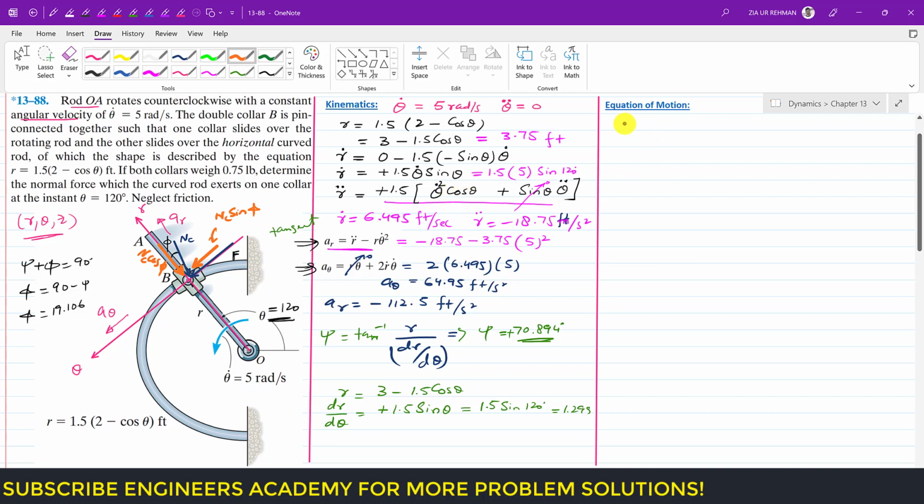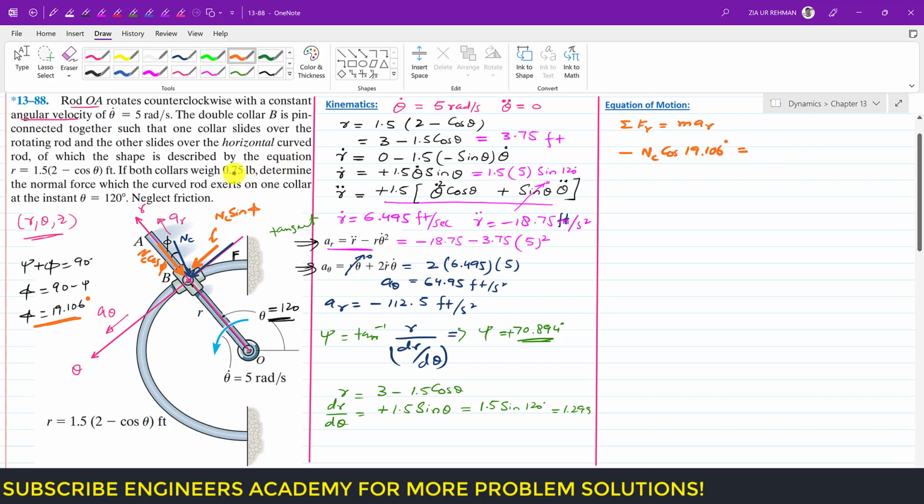So now if we apply the summation of forces along the radial axis equals m a_r. As we can see, in the radial direction we have this cos component of NC, and it is acting in the negative radial direction. So I will write minus NC cos of phi, and we know phi is 19.106 degrees, and this will be equal to the mass.